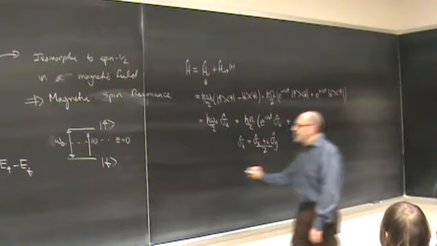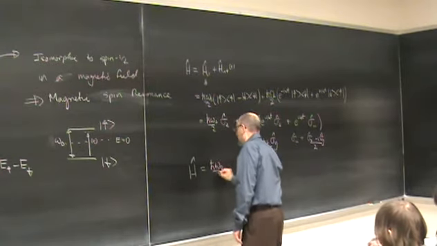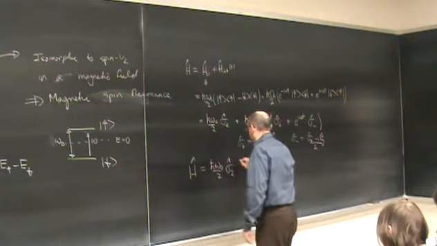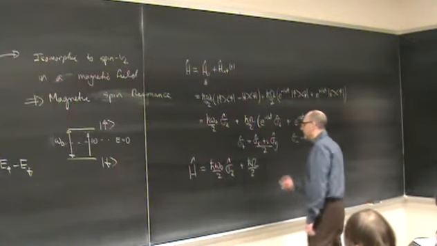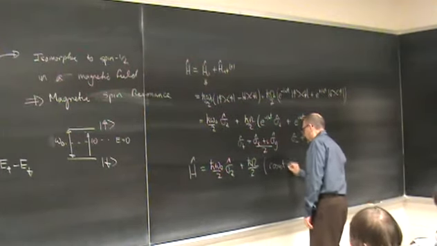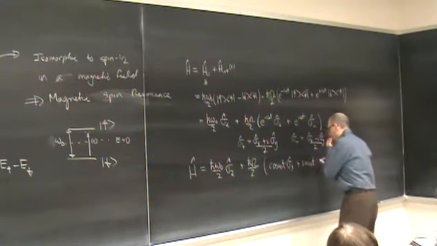So I can rewrite my Hamiltonian in this case as h bar omega over 2 sigma z plus h bar capital omega over 2, and then I have cos omega t sigma x plus sine omega t sigma y.